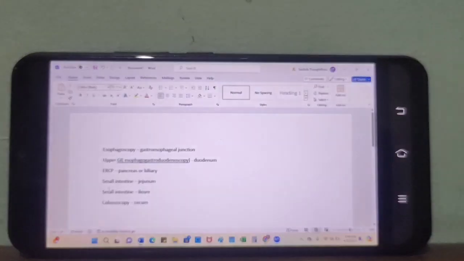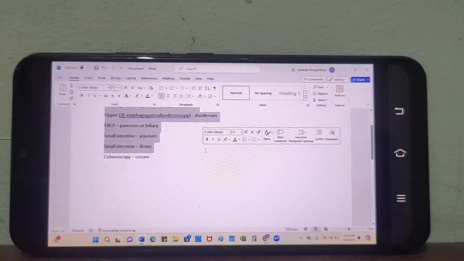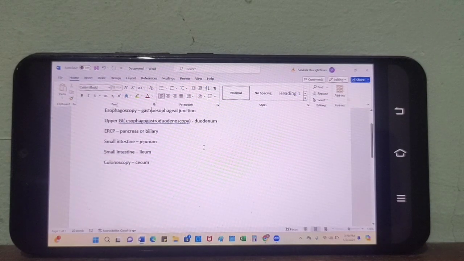Every scopy must terminate at that particular point. Otherwise, we should append modifier 52 or 53.